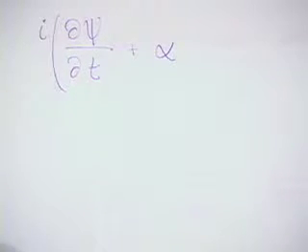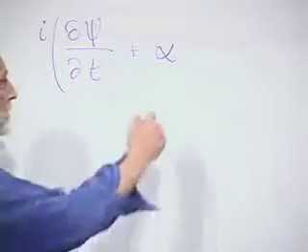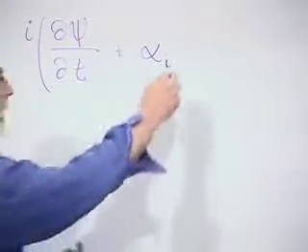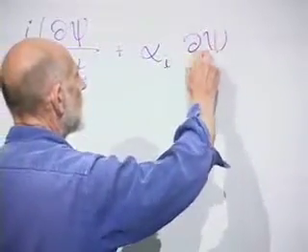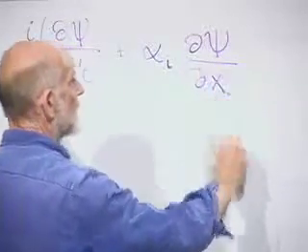Three alphas, one for each direction of space. Let's call them α_i for the three directions of space, times the derivative of the field with respect to x_i.